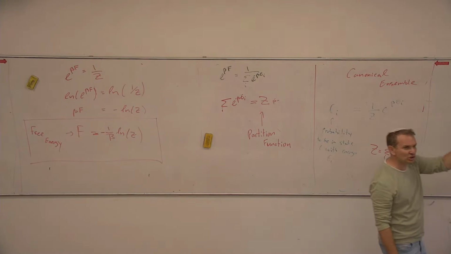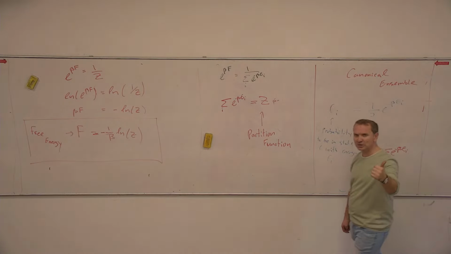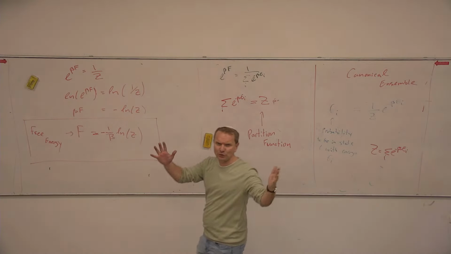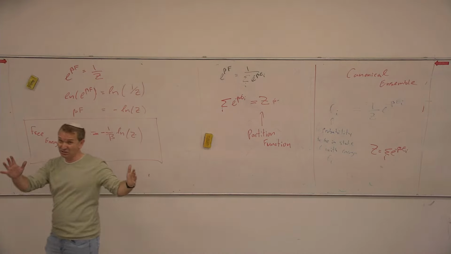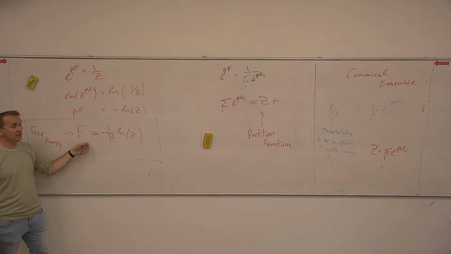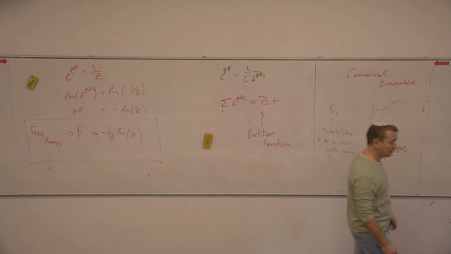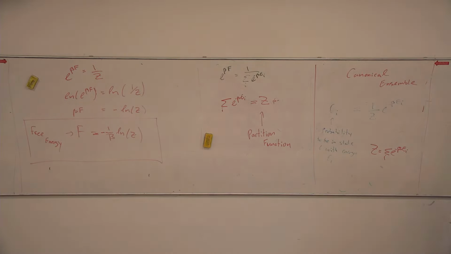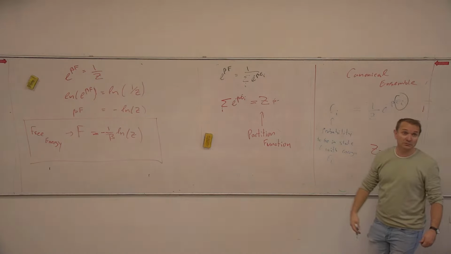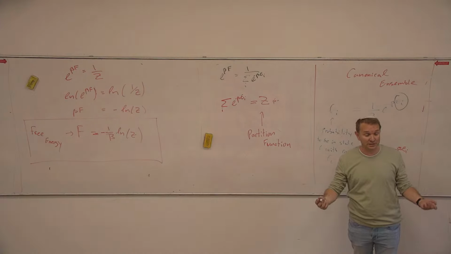I can compute pressure, I can compute chemical potential, whatever we have learned in the thermodynamics introduction, you can obtain out of this free energy. That's it. You're done. Right? It's of course easier said than done, because you still need those guys, but it's much easier than counting states.